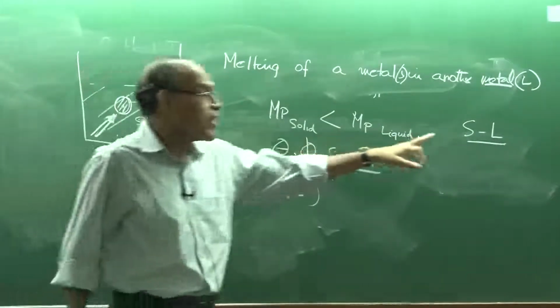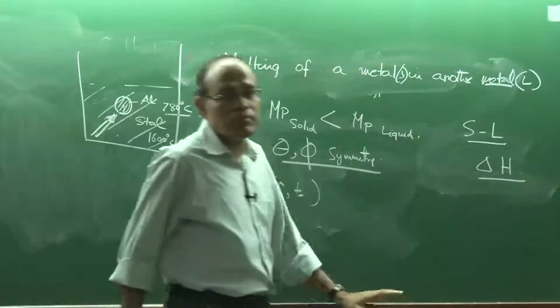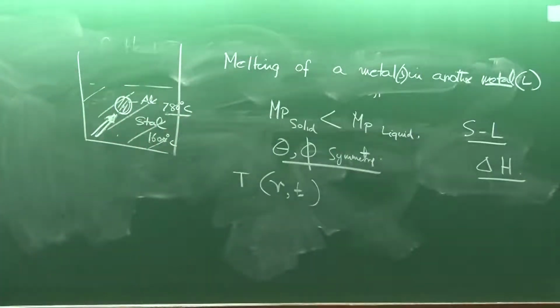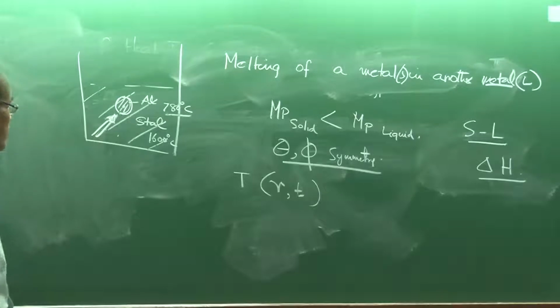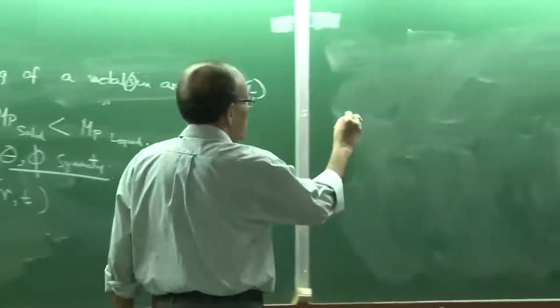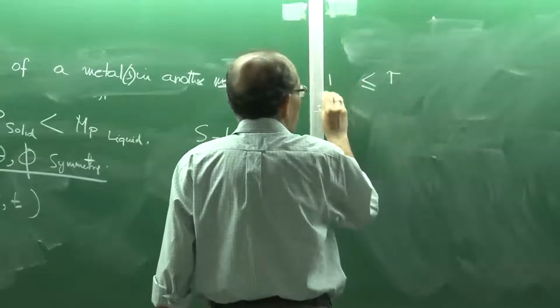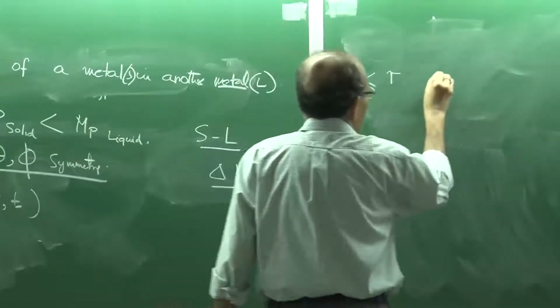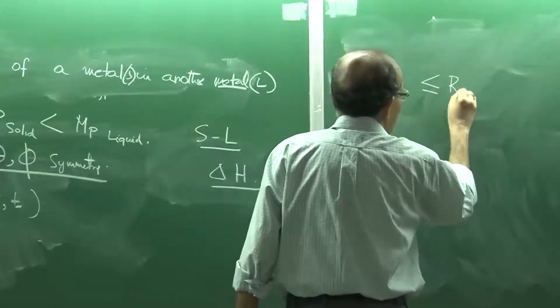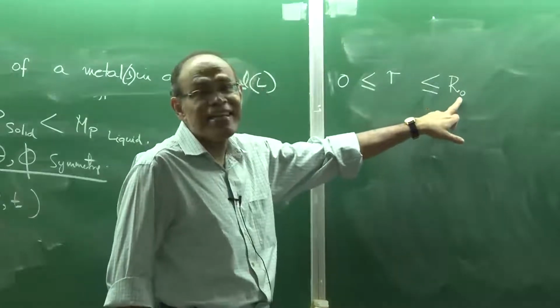And this has a significantly larger delta H value, of megajoules per kg. That is the kind of value we are talking about, the latent heat of melting in this case. So, within the solid, for r greater than 0 and less than or equal to R sub 0, R sub 0 represents the initial radius of the solid.